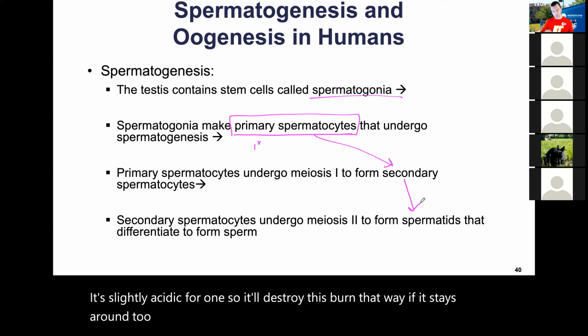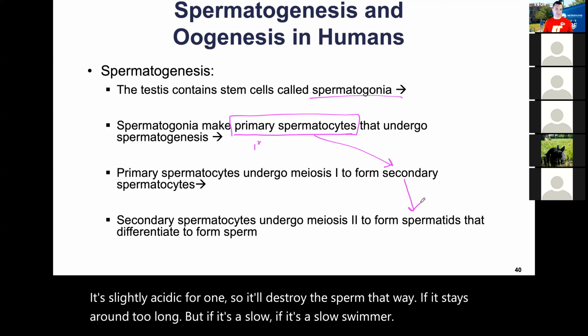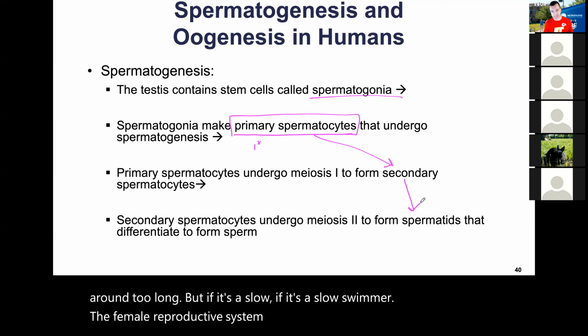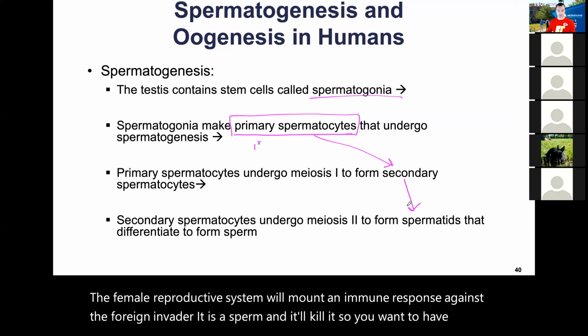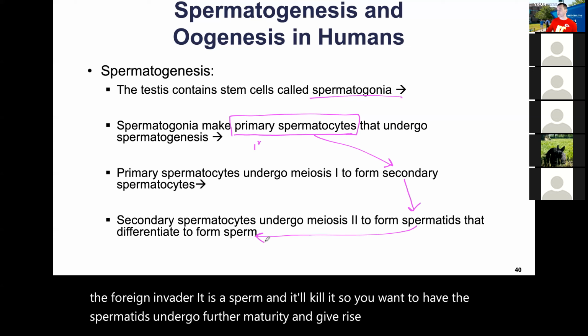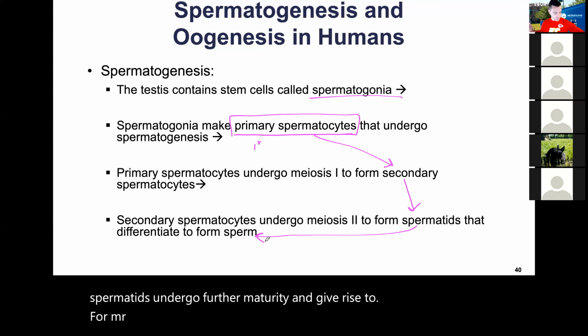But if it's a slow swimmer, the female reproductive system will mount an immune response against the foreign invader. It is a sperm, and it'll kill it. So you want the spermatid to undergo further maturity and give rise to four Mr. Sperms or Miss Sperms, whatever you want.